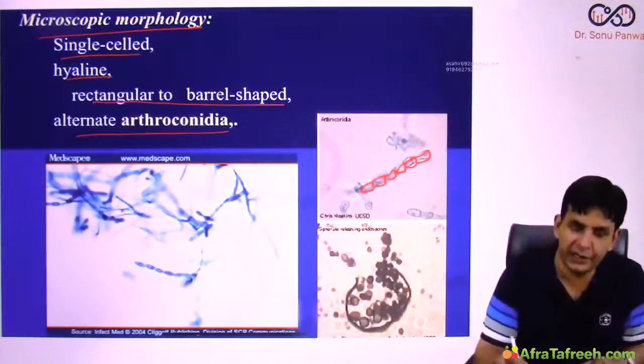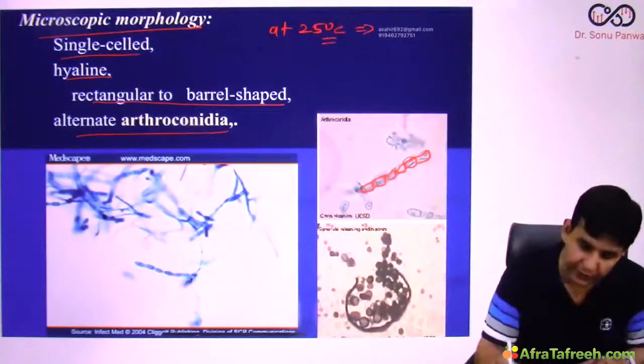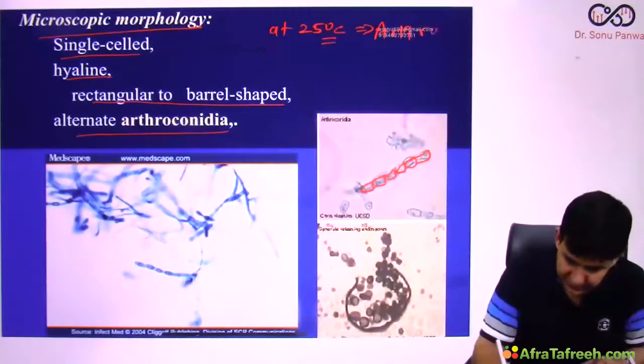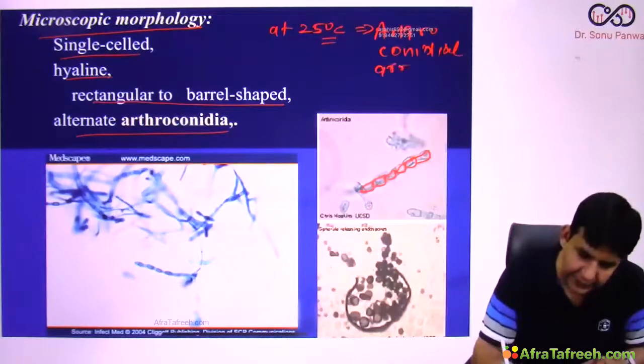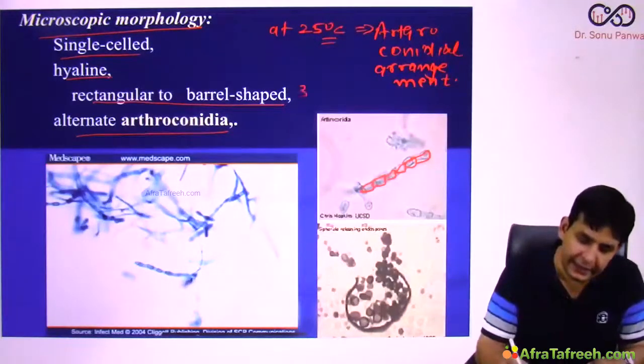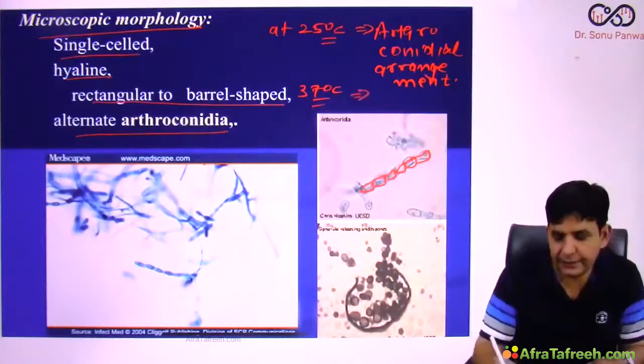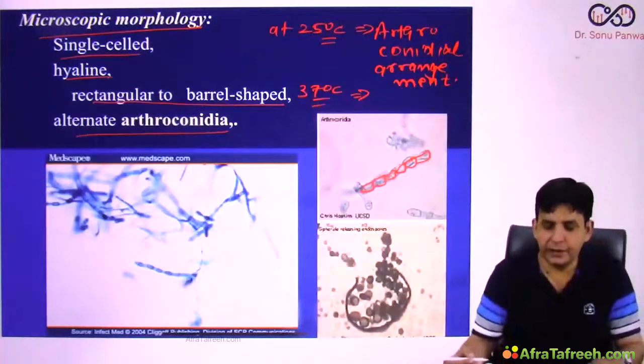So just remember in a nutshell here that at 25 degrees centigrade, that is the mold form. The mold form looks like an arthroconidial arrangement. And at 37 there is the yeast form.